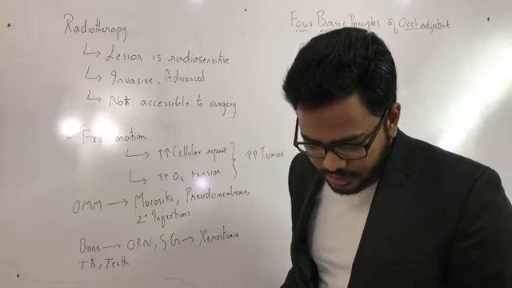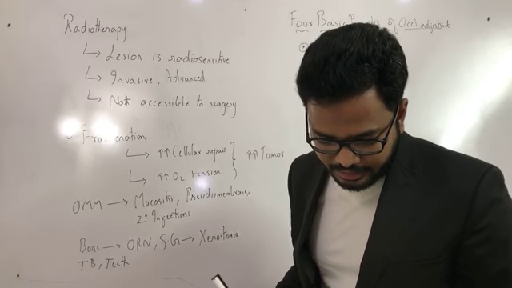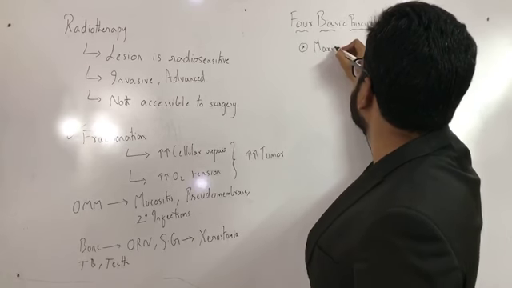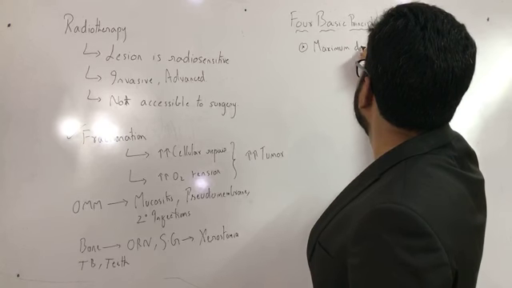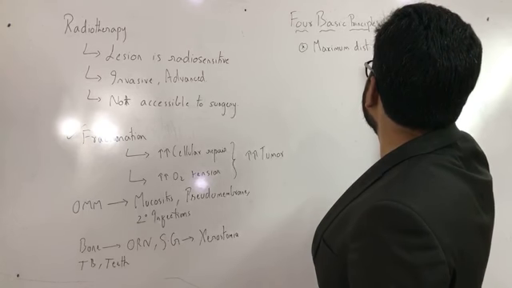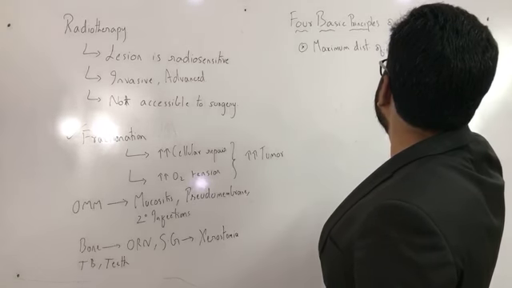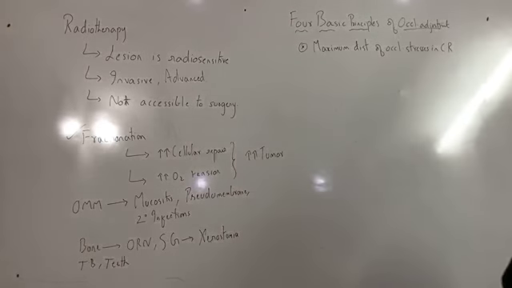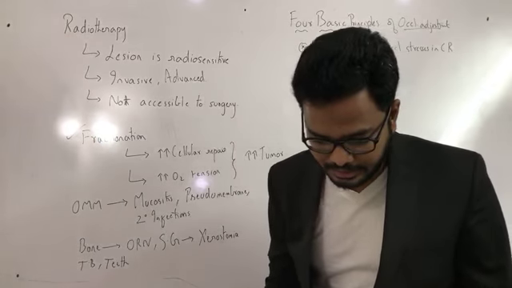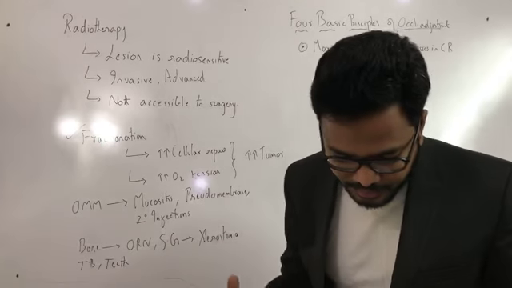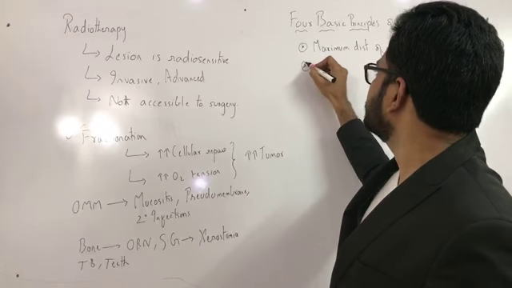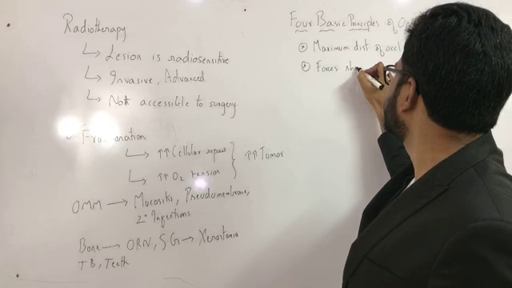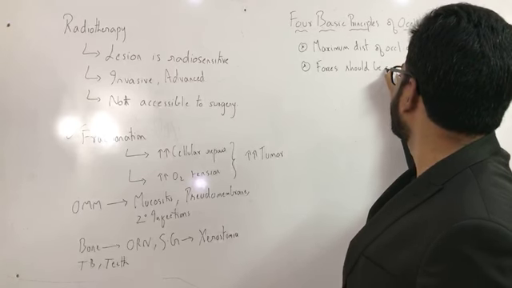So the first basic principle in occlusal adjustment is maximum distribution of occlusal stresses in centric relation. And the second principle is the forces of occlusion should be diverted along the long axis of tooth.